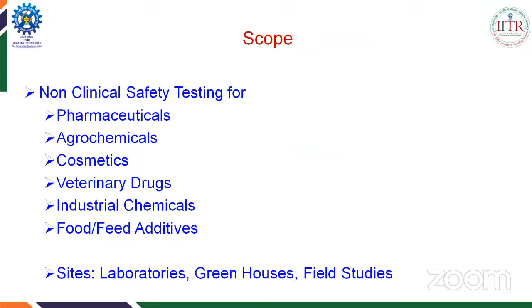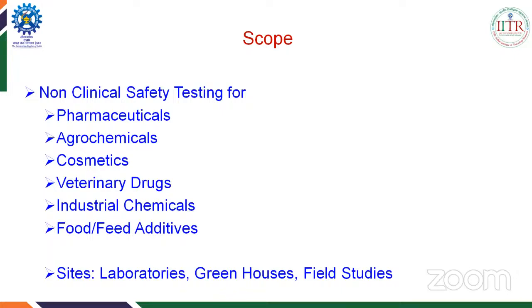Now, to tell you a little bit about the scope of preclinical safety studies, where these studies are applicable. Preclinical, sometimes also referred to as non-clinical, is basically any study done before the phase wherein you go into humans, before your clinical trial phase, and is called either non-clinical safety or preclinical safety.